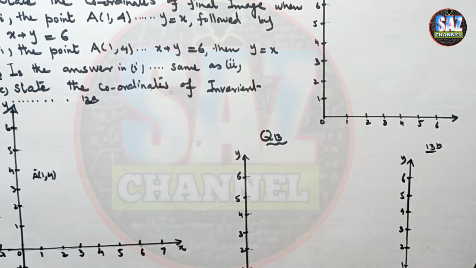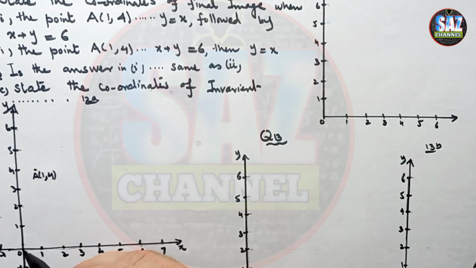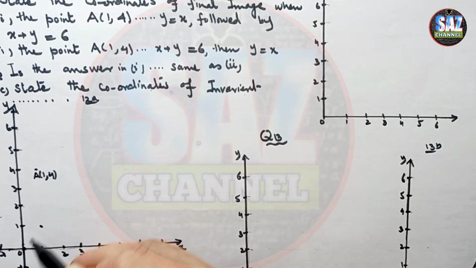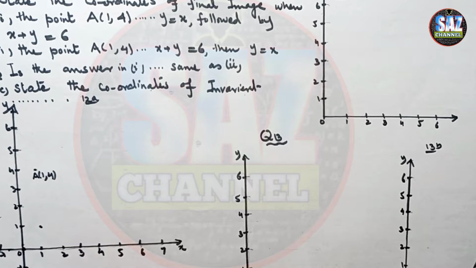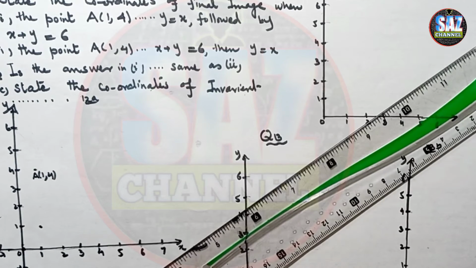Now I have to reflect this in the line y equals x. So for that I have to first draw the mirror, y equals x. When x is 0, y will be 0. When x is 1, y is 1. When x is minus 1, y is minus 1. Three points are enough for the drawing of the straight line.